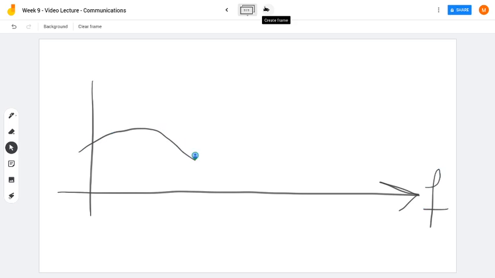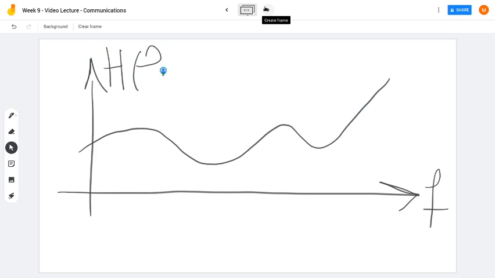This is the frequency response of the channel, H of f. So if we transmit a PCM signal, let's say occupying this band of frequencies, as you can see, this portion will see a smaller gain, and this part of the message will see a larger gain, and this will cause a distortion.